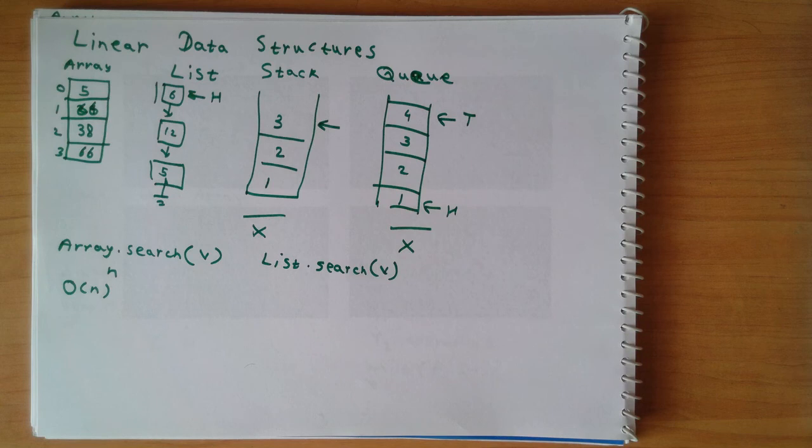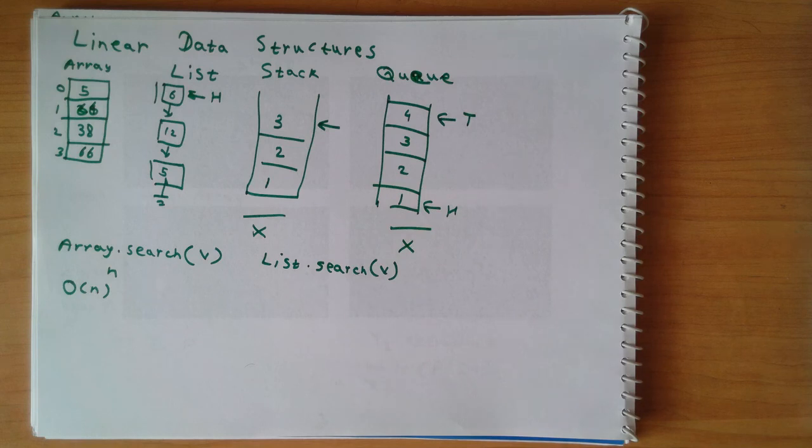If the list contains multiple copies of this particular value, I am not going to make any commitment about which of those copies are reported. It could be the first copy, it could be the last copy, it could be somewhere in between. There is no specific commitment. But I will ensure that the address that I return will definitely contain the value v.